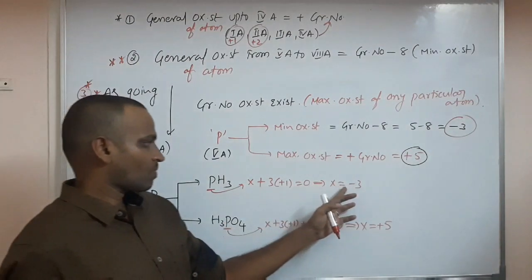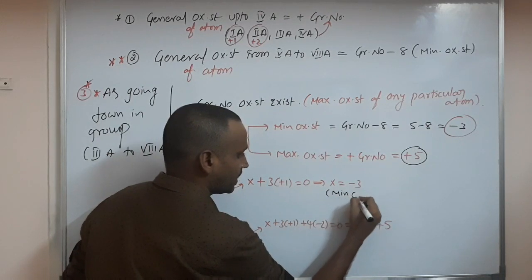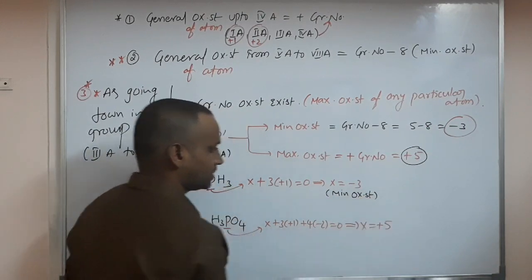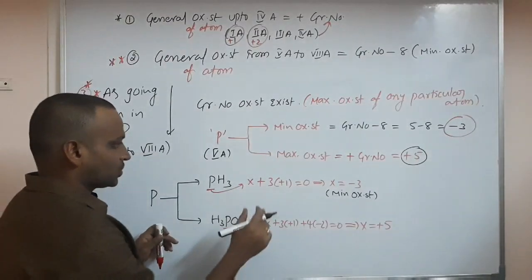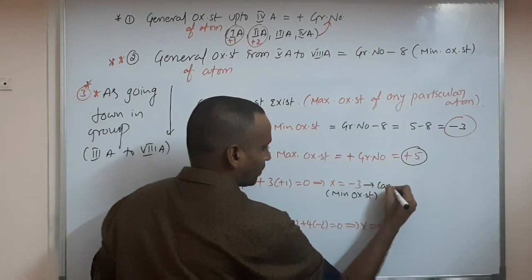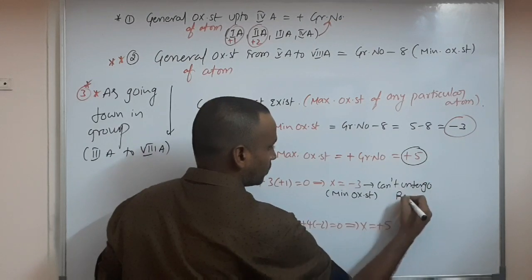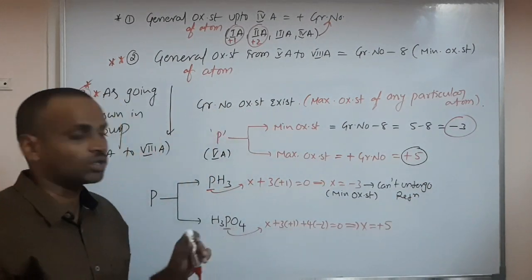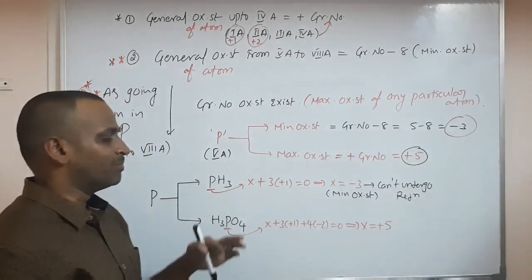So -3. X -3 means here minimum oxidation state or not? This is the minimum oxidation state. Listen carefully. Please everyone concentrate here. So if minimum oxidation state is there, it cannot undergo reduction. Why cannot it undergo reduction?